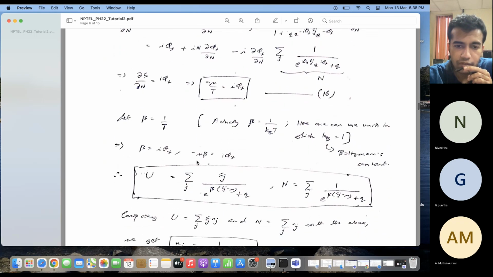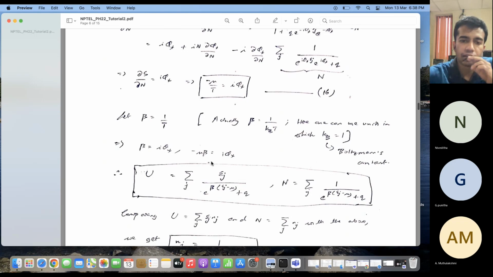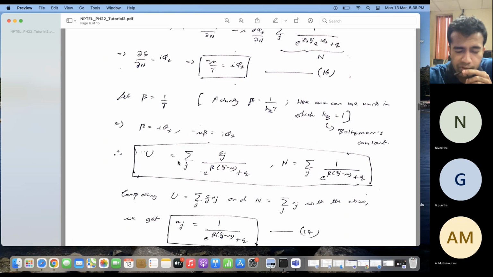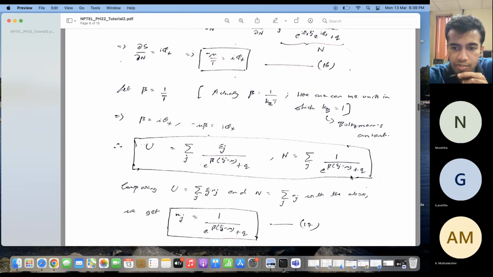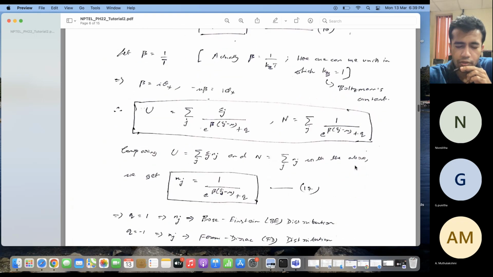So if I substitute theta star and phi star in the expressions of capital U and capital N, then capital U turns out to be summation over energy levels epsilon j divided by e to the power beta into epsilon j minus mu plus q, and n is equal to summation over j 1 by e to the power beta into epsilon j minus mu plus q.